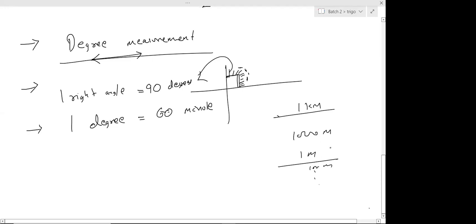We are dividing angles into smaller and smaller parts. So each right angle has 90 degrees. Each degree has 60 minutes. Each minute has 60 seconds.